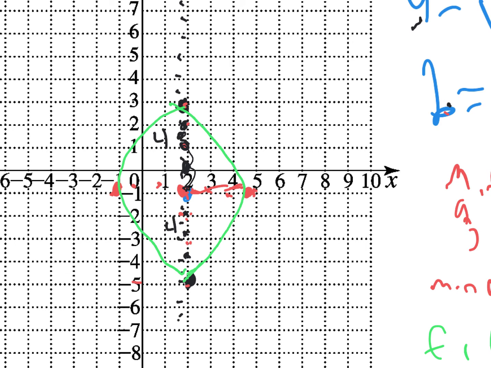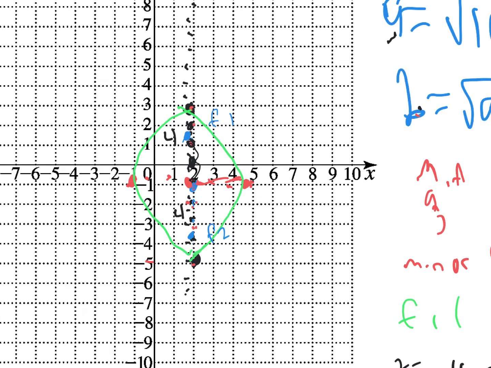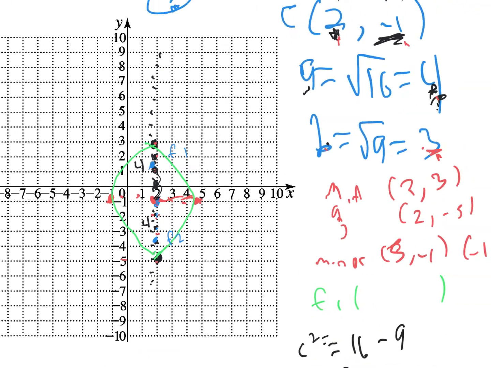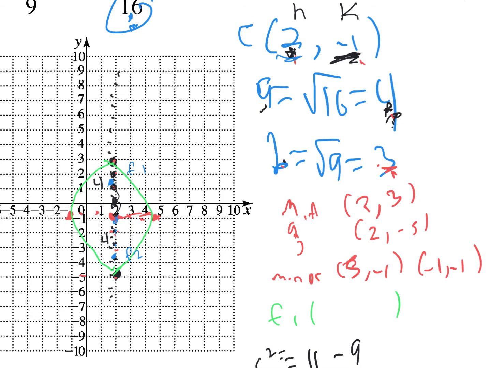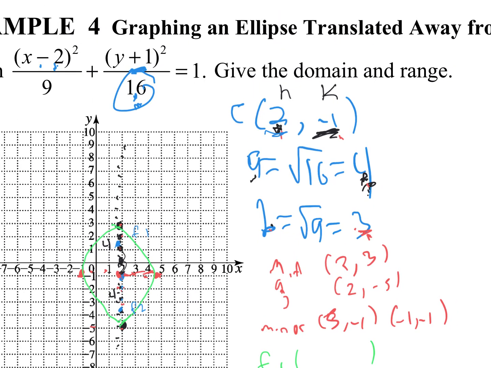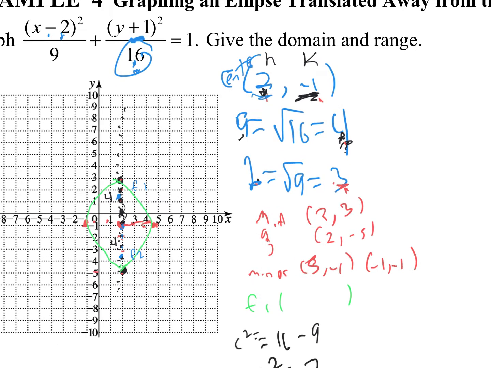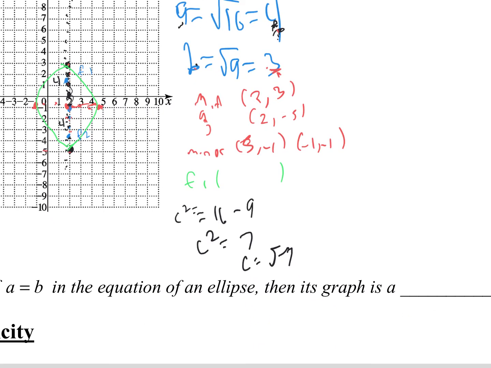I should make that a different color. And that's focal 1. Then I go to the center: 1, 2, can't go to 3, less than 3. I'll call that focal 2. Feel free to name those. The x value was the same as the other x values. It's still a 2, because that's where the center is. I should have called that center anyway, instead of the letter C. So it's 2 focal points.